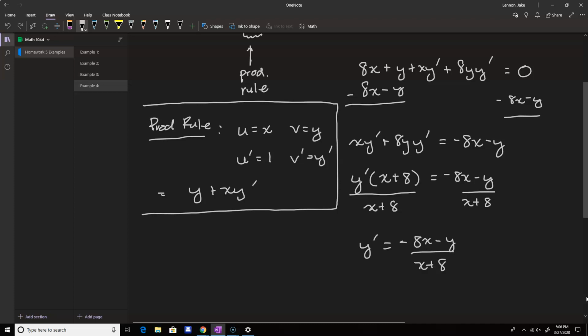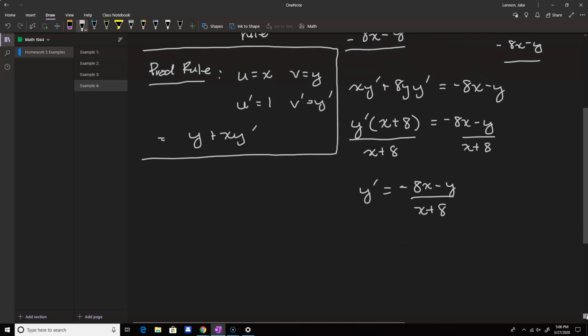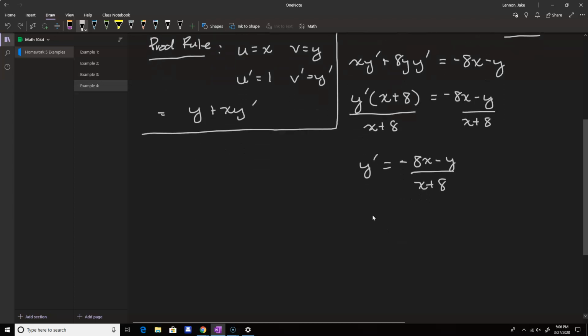So why is that important? Well, if you have the derivative, that's a slope machine, essentially, right? If you can plug in an ordered pair, it tells you a slope. So if we plug (1, 1) into y prime, then we have the slope of the tangent line.